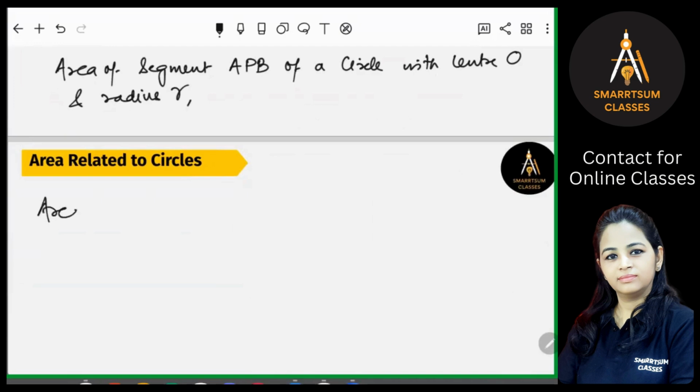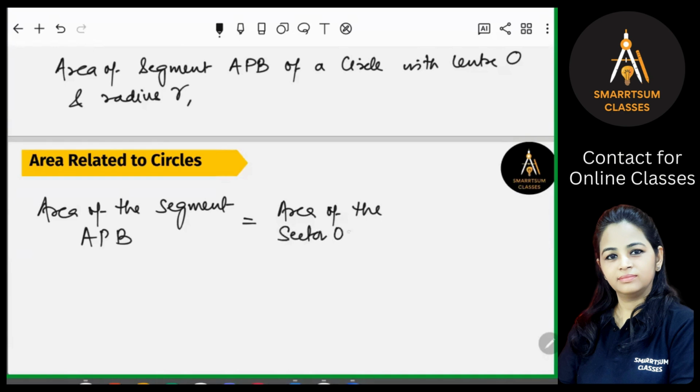Area of segment APB is equal to area of the sector OAPB minus area of triangle OAB. What is area of triangle OAB?